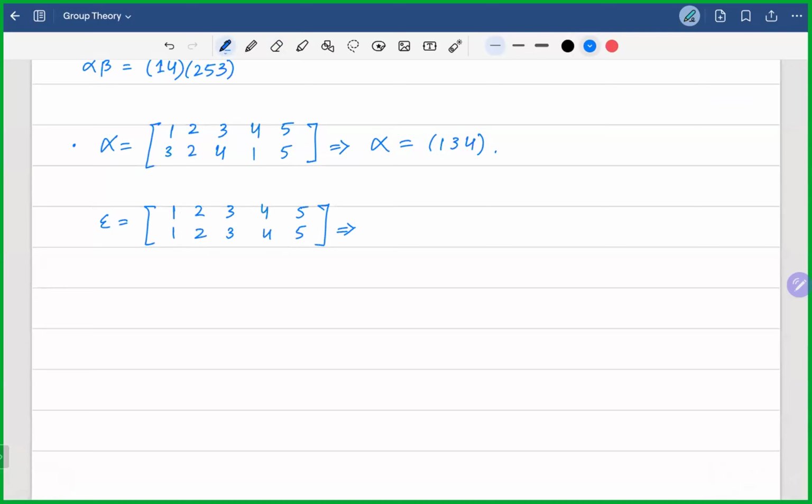This is the identity permutation, and it consists of cycles with one entry. So we cannot omit all of these. In this case, one usually writes just one cycle. For example, we just write epsilon is 1 or any number from 1 to 5.